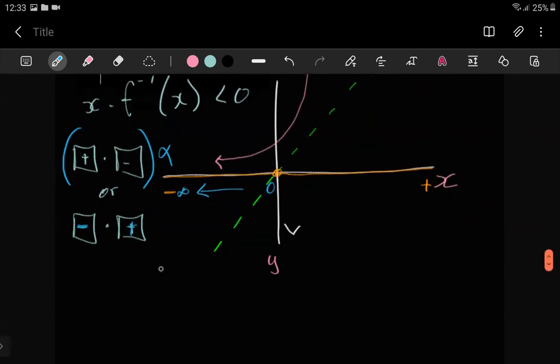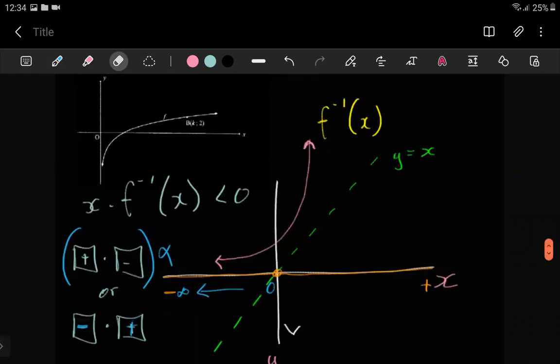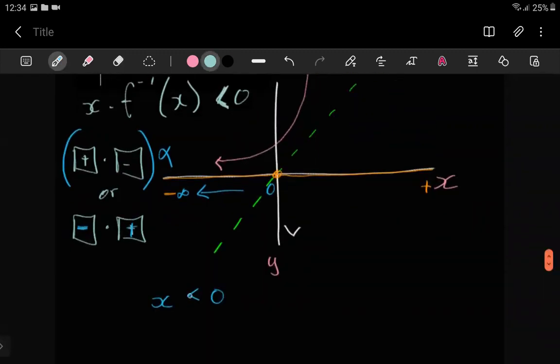So for x smaller or equal to 0, those are the x values where your graph has negative x values while also having positive y values for the inverse. It will happen everywhere from 0 to negative infinity, of which I think we have to exclude the 0, because the question is just saying below 0. So x has to be smaller than 0.